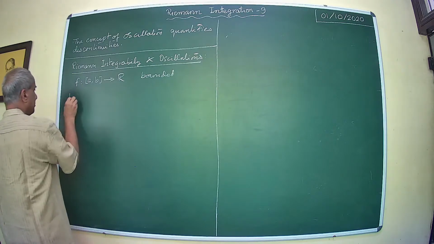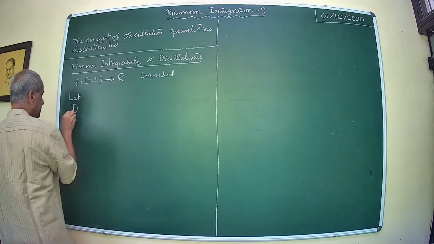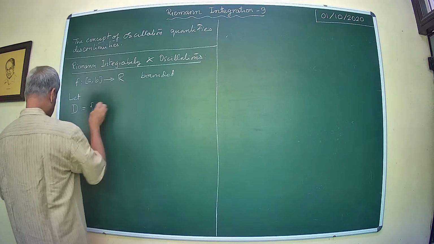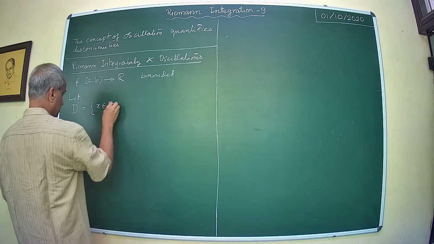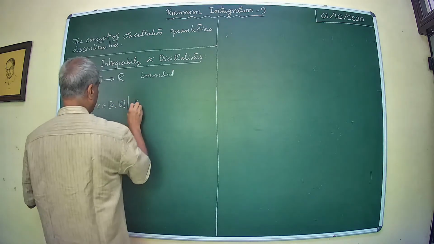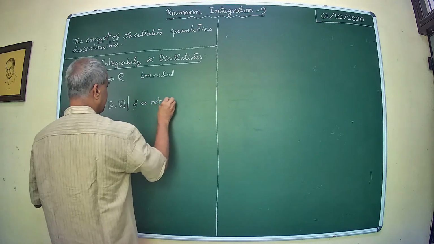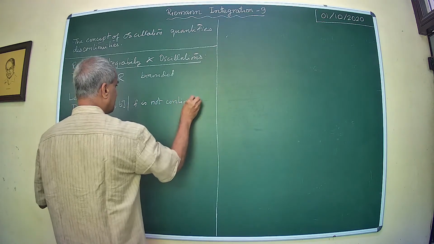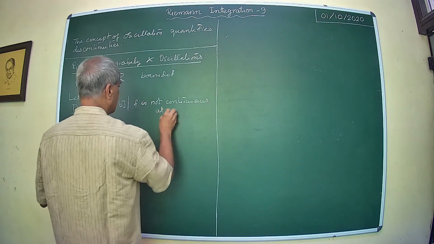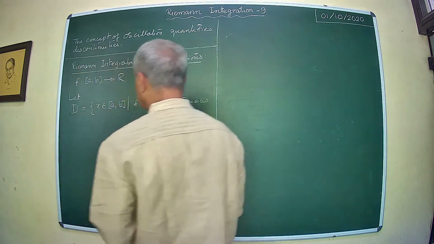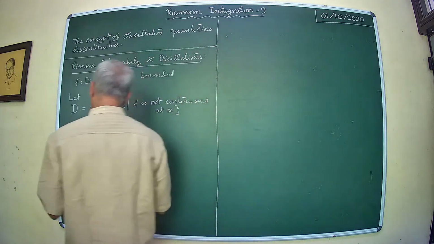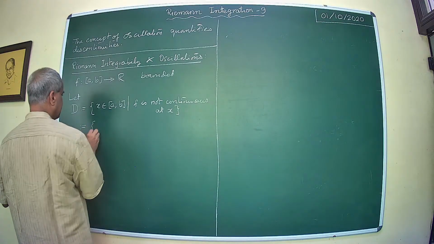We define D, the set of discontinuities, as the set of points x belonging to [a,b] where f is not continuous. The set of all discontinuities of f.